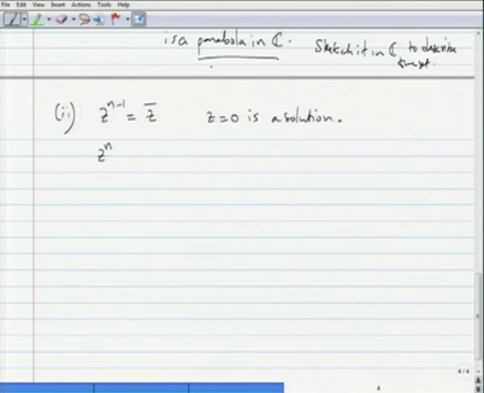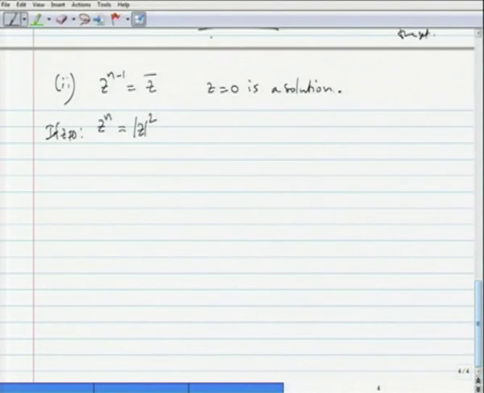Apart from this, if z is not equal to 0, then what do we have? We have z to the power n, we can multiply both sides with z. So, we get z to the power n is equal to the modulus of z squared. Taking modulus on both sides, if two complex numbers are equal, their moduli have to be equal at least.